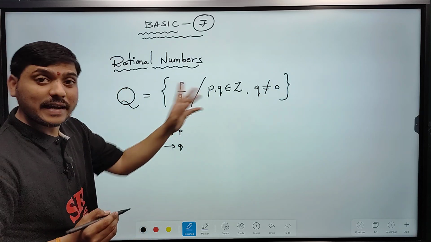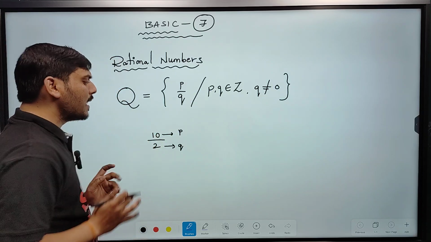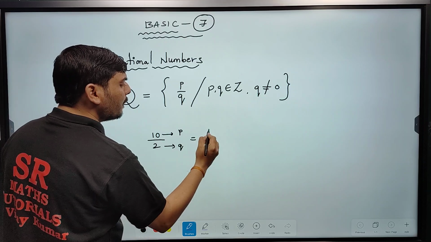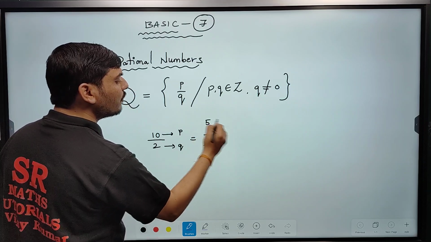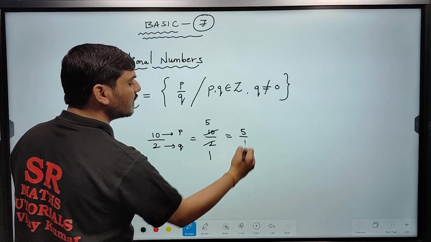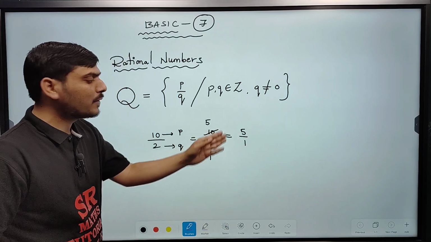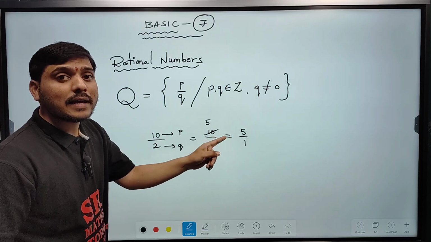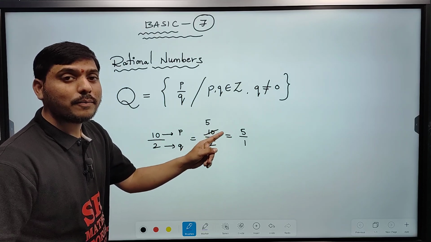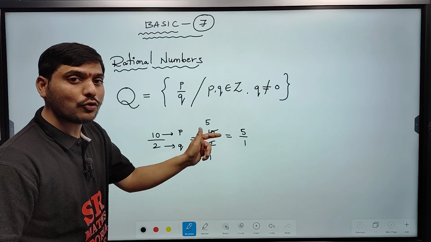These two are in the integers. And 10 divided by 2: 2 ones are 2, 2 fives are 10. The final answer is 5 by 1. This is the standard form of a fraction, 5 by 1. This 5 by 1 is a rational number because it is in the P by Q form.